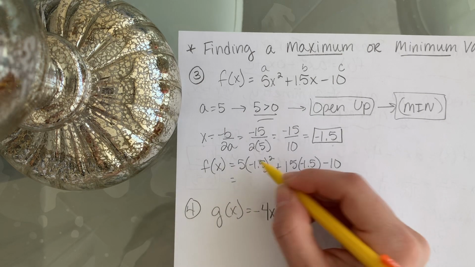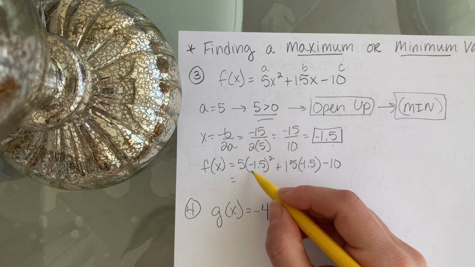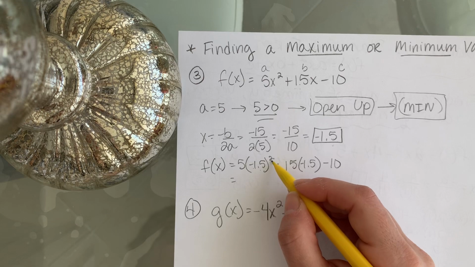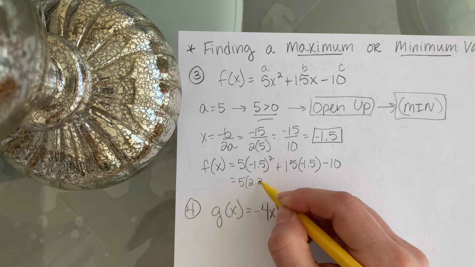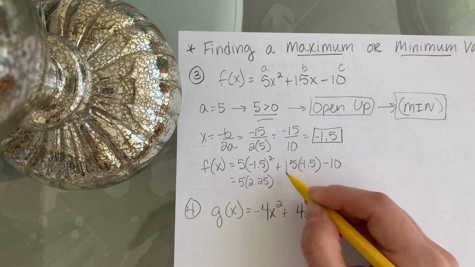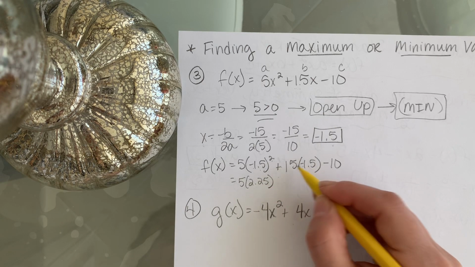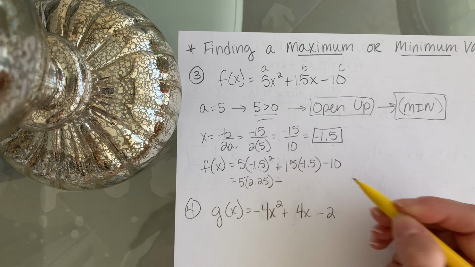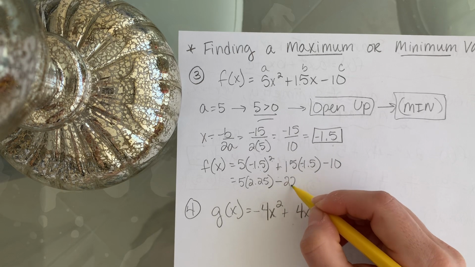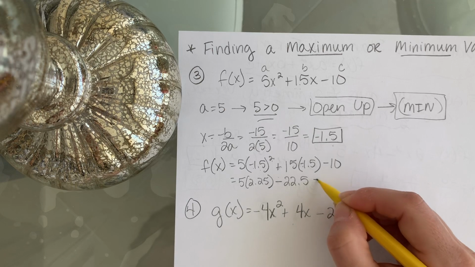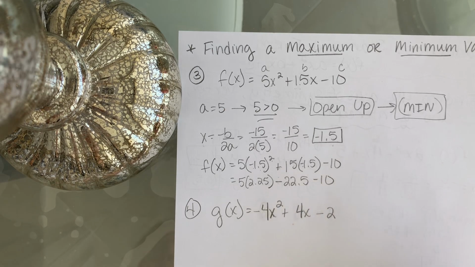So let's simplify. We have negative 1.5 squared is going to give me positive 2.25. Now we have a positive and a negative with multiplication, so this is going to be a negative, but what's 15 times 1.5? 22.5. Bring down the minus 10.